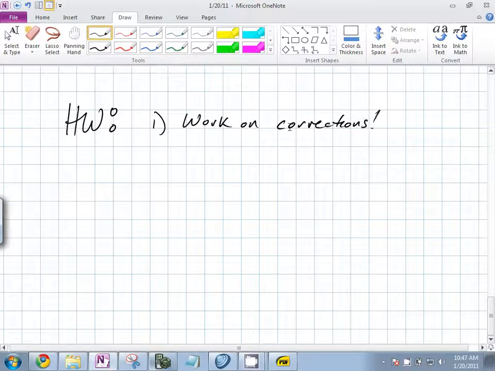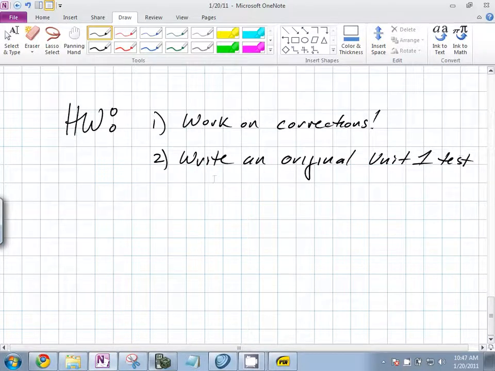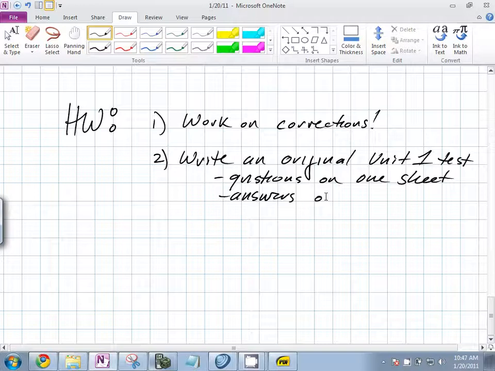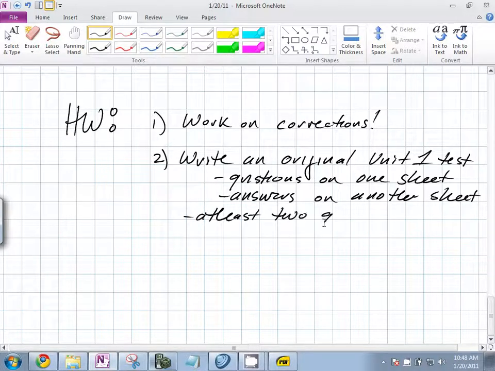The second part of your homework is going to be write an original Unit 1 test. Questions on one sheet, answers on another sheet, at least 2 questions for each topic.